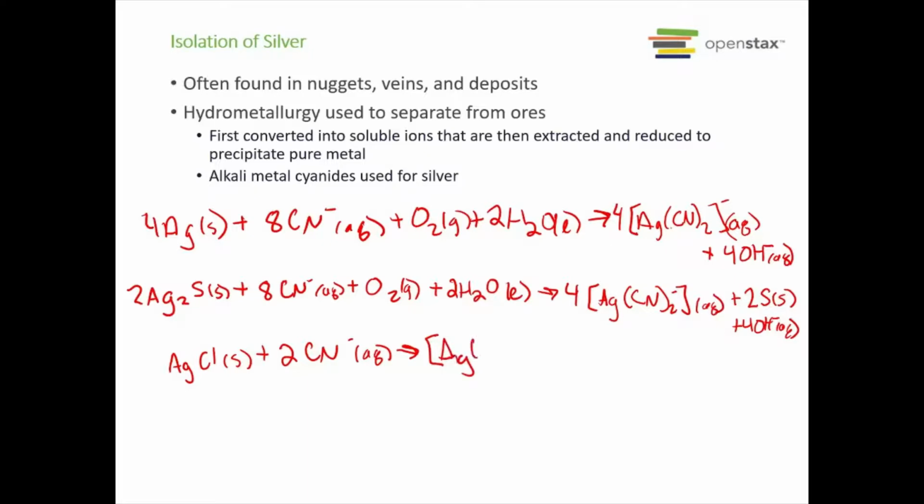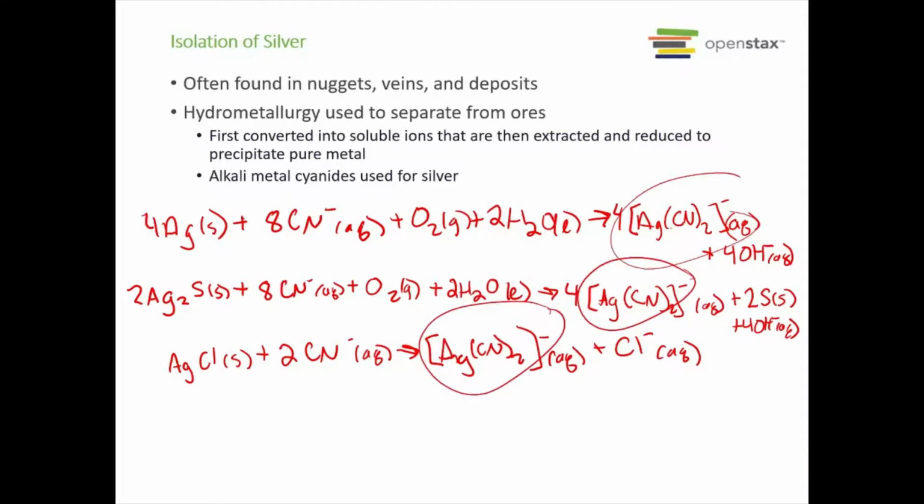And this is a good old substitution reaction, and Cl minus. So all of them make this, let's see, I'm going to try the name again: dicyanoargentate(I) ion. And we'll talk about that type of name in the next section.